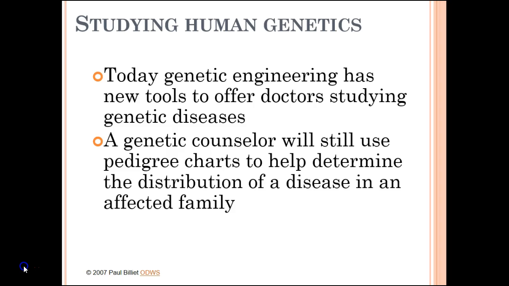So if you're having a child and you know that there's a genetic disorder somewhere in your family line, it could be in a cousin, a grandparent, an aunt or an uncle, or maybe one of your parents, genetic counselors can use that information and create this pedigree chart from your family tree to tell you what the odds are of you passing this gene on to your children.